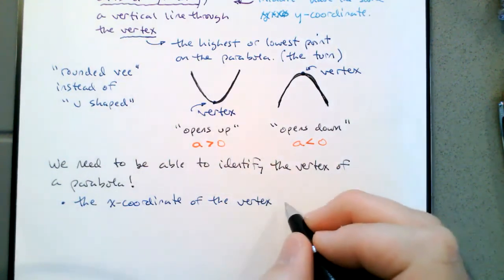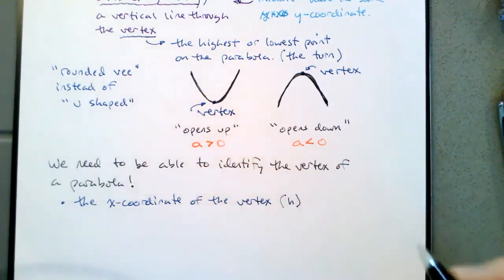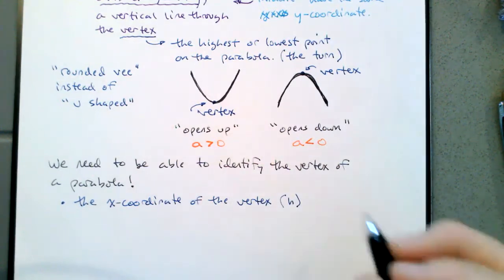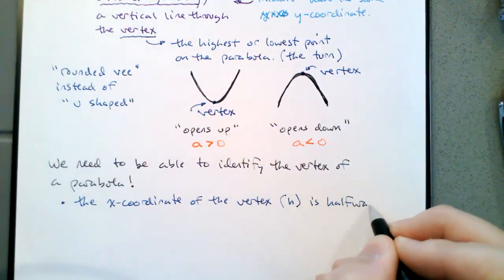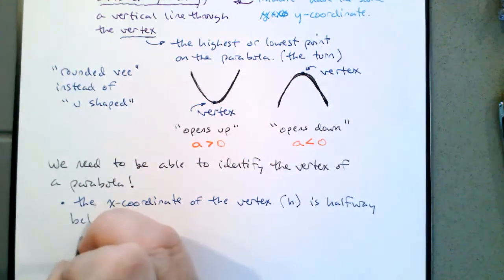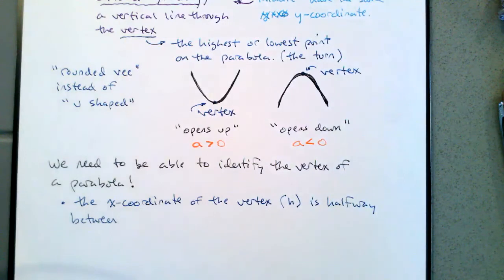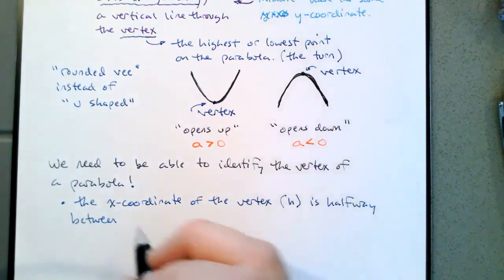which I want to call h, is halfway between the x-coordinates of any 2 points with the same y-coordinate.